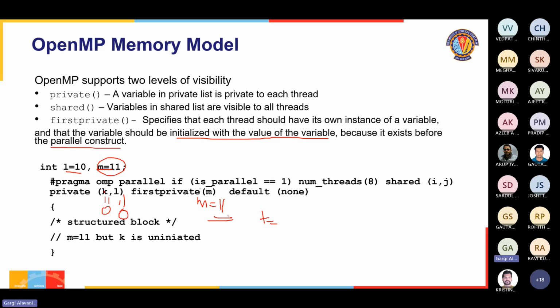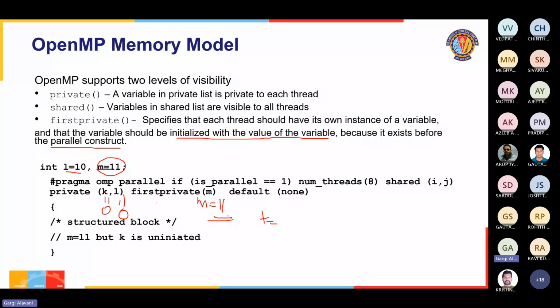If you do not call it first private and it remains private, the value would be 0 because that's a private copy, a private variable of that thread.